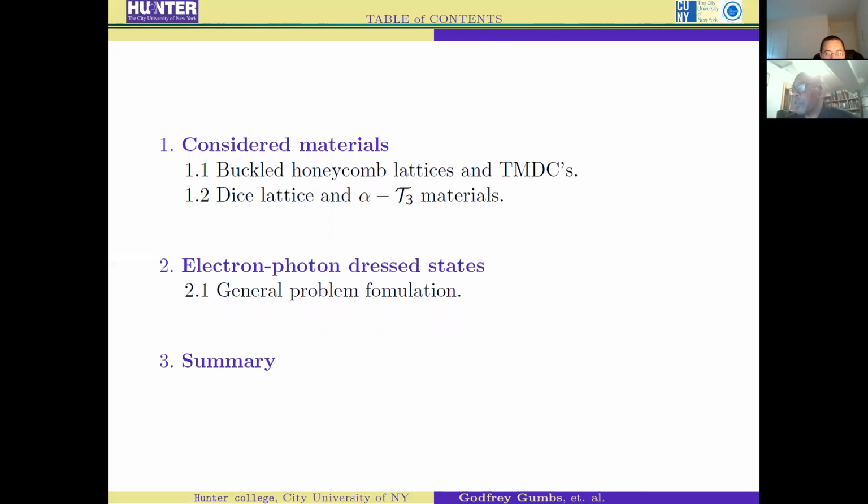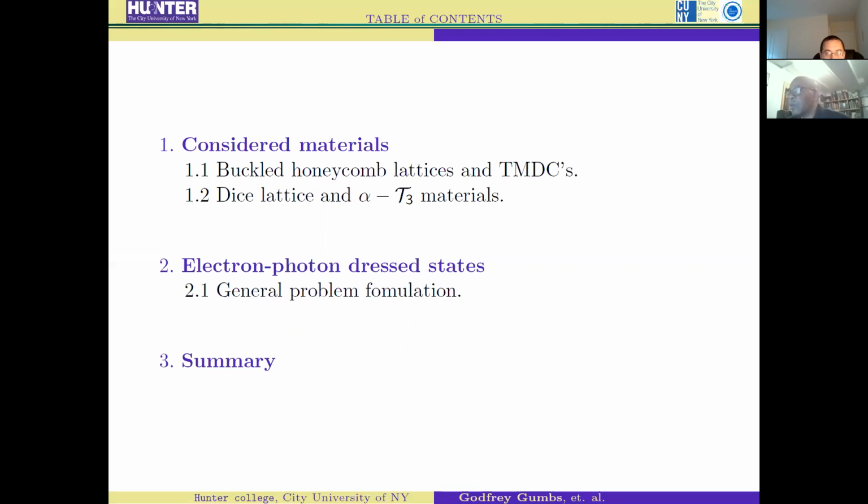The brief outline of the talk is as follows: I'll give you a little overview of some of the materials which we have been studying here at City University and in collaboration with the Air Force Research Labs. They include, but are not limited to, TMDCs, as well as alpha T3.